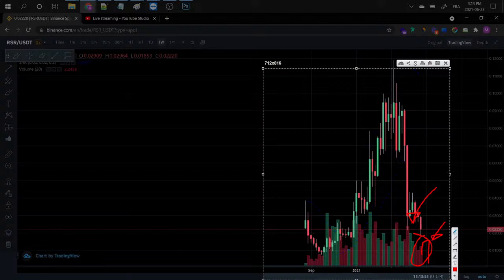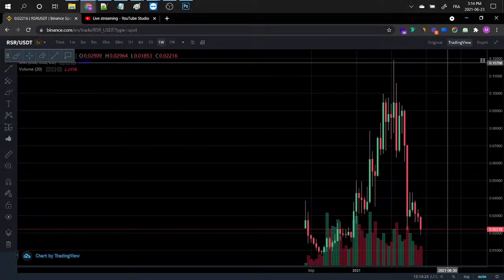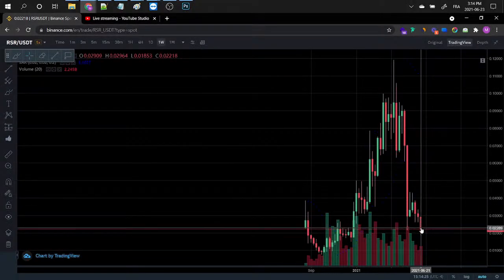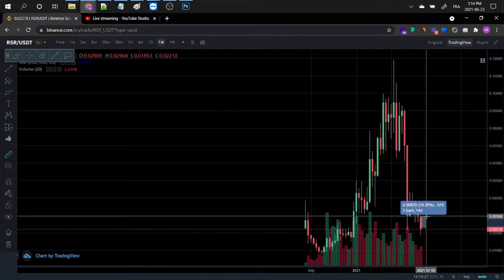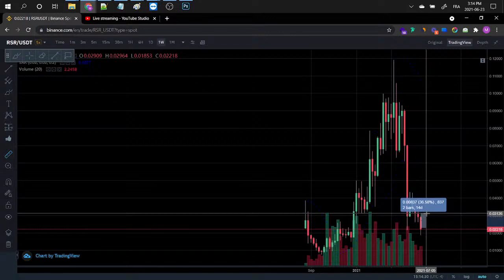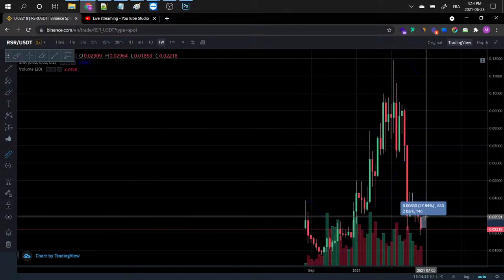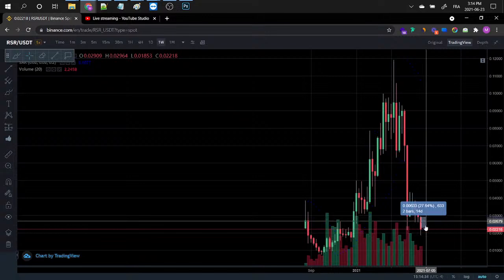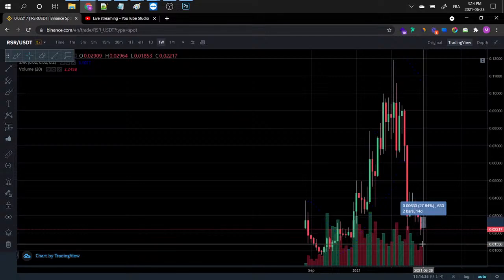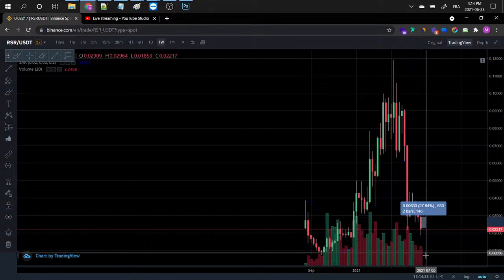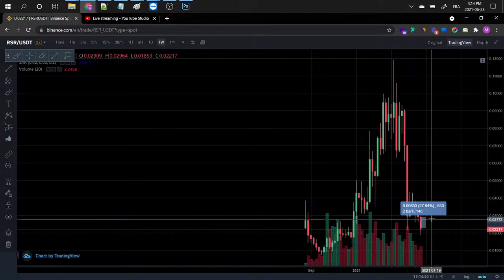It will probably go all the way from 2 cents to its previous resistance level at 3 cents. So that's a nice little gain, guys. For the next week, consider 7 days, this might be approximately 27%. Approximately, guys.